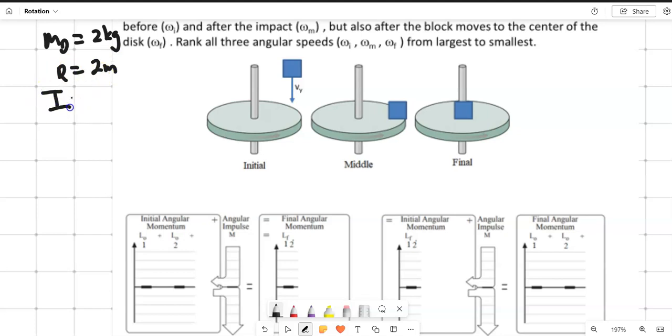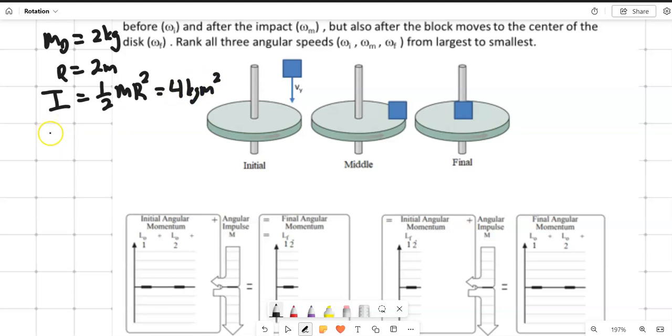So the moment of inertia of this disk is going to be 1/2 mr squared. So 2 kilograms times 1/2 is 1 kilogram, times 2 meters squared, so that's going to be 4. Overall, this is going to be 4 kilogram meters squared.